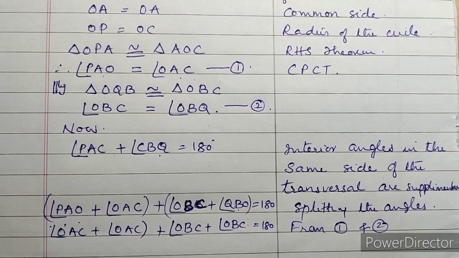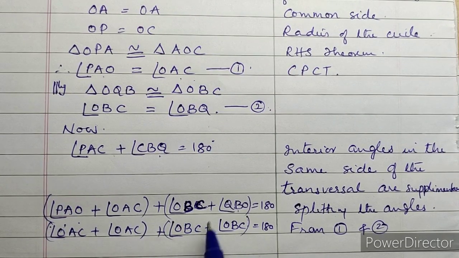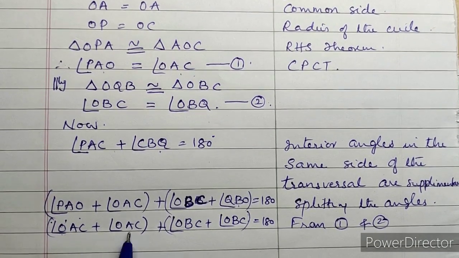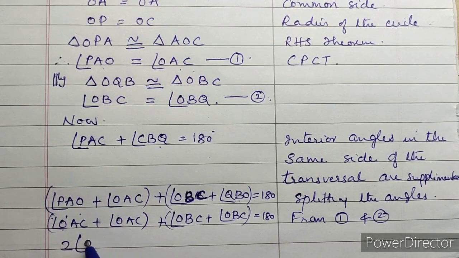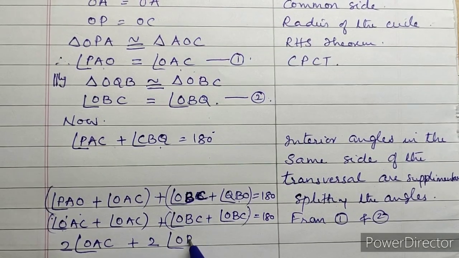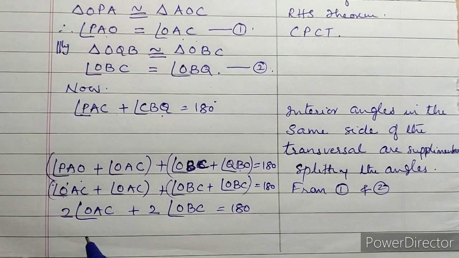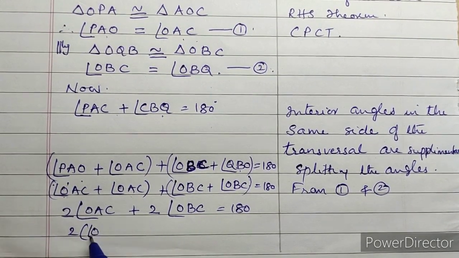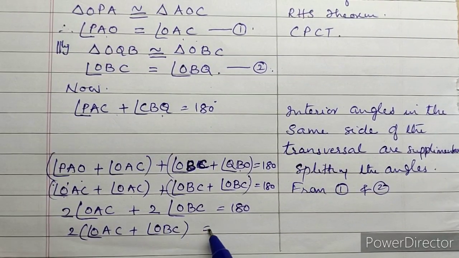So from 1 and 2 these both are the same, so you can substitute there. Now 2 times the same angle means 2 into angle OAC plus 2 into angle OBC equals 180. 2 is common, you can take it outside. So 2 into angle OAC plus angle OBC equals 180.